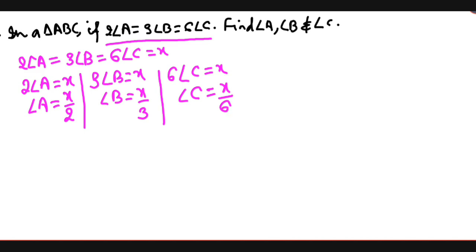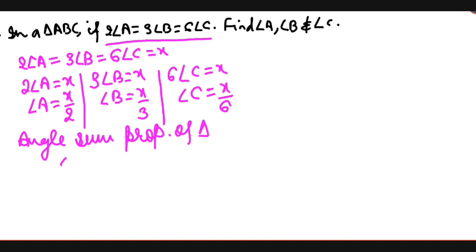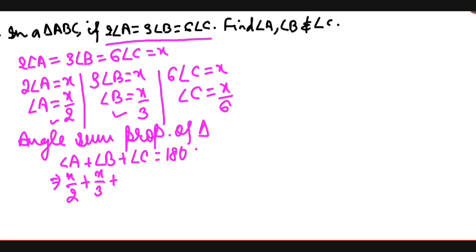And students, we already know the angle sum property of a triangle, that is, the sum of all the angles, angle A plus angle B plus angle C, will be equal to 180 degrees. Here angle A is X upon 2 plus angle B is X upon 3 plus angle C is X upon 6 equals 180 degrees.